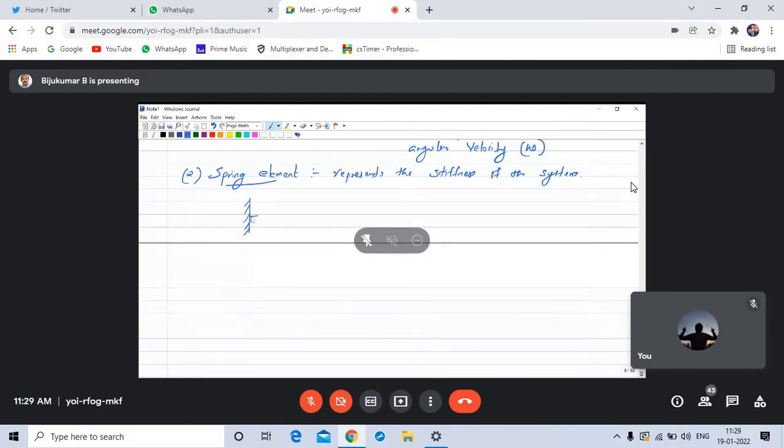We are using them in automotive suspensions, right? There we are using a compression type spring, and usually this will be the reference node, and K will be the spring constant.